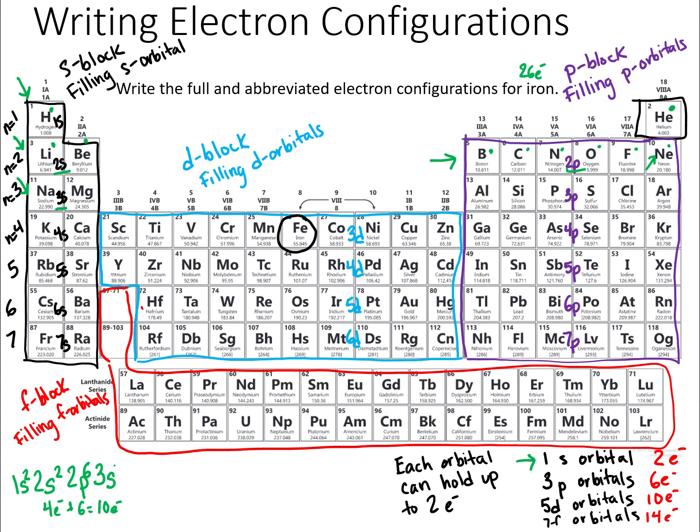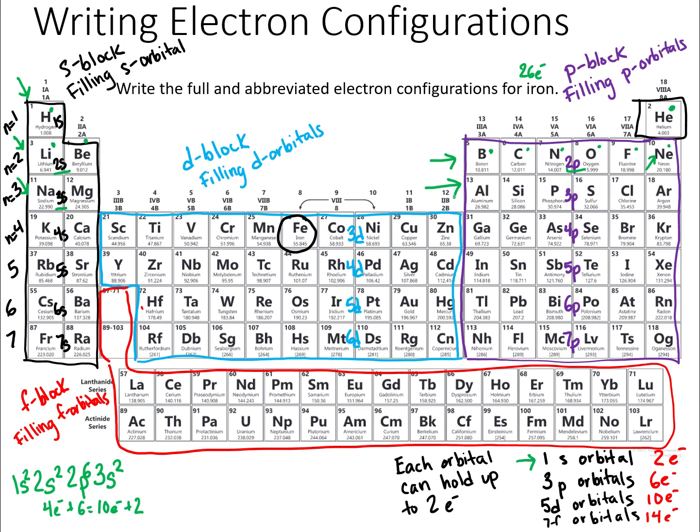Two. Then we go across, because we're still in the n equals 3. We have to fill the next energy, the next highest energy in the 3 sublevel, right?